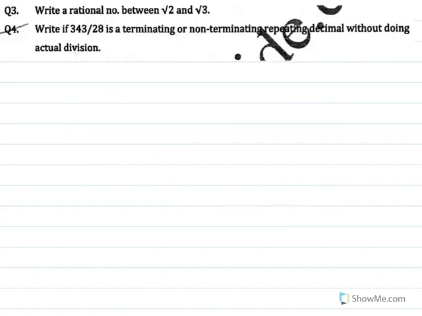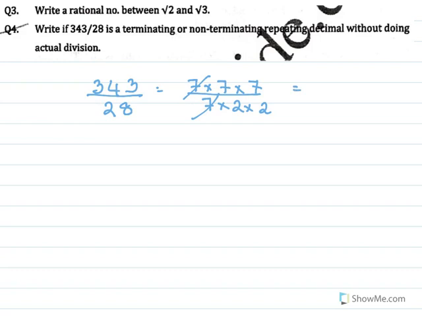Write if 343 over 28 is terminating or non-terminating without actual division. So 343 over 28. Let's do the prime factorization. 343 is 7, 7, 7. 28 is 7 into 2 into 2. So this cancels out, and this becomes 49 over 2 raised to 2.